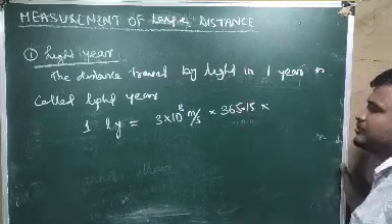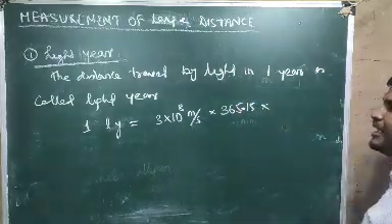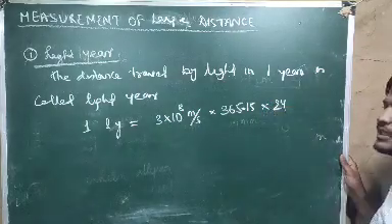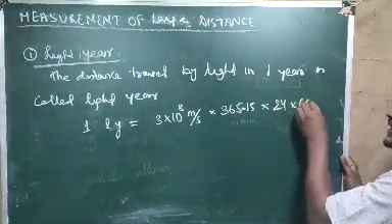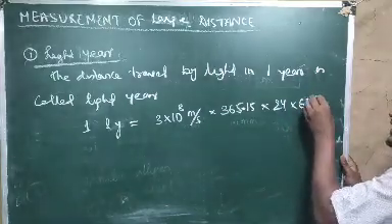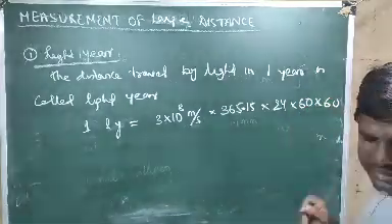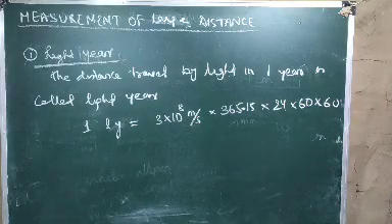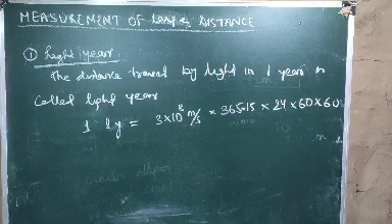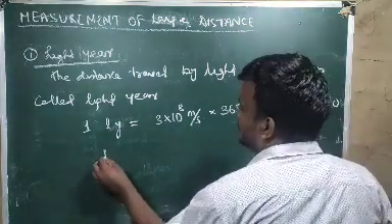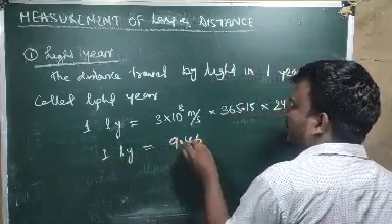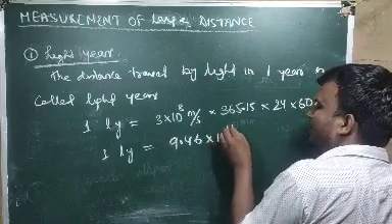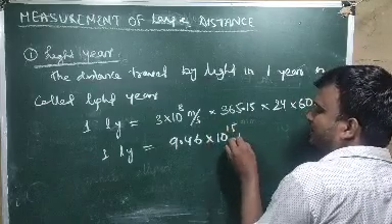Multiply by, in 1 day, how many hours are there? 24 hours. In 1 hour, how many minutes? 60 minutes. And in 1 minute, how many seconds? 60 seconds. If you multiply all these things, you will get 1 light year equal to 9.46 multiplied by 10 to the power 15 meter.